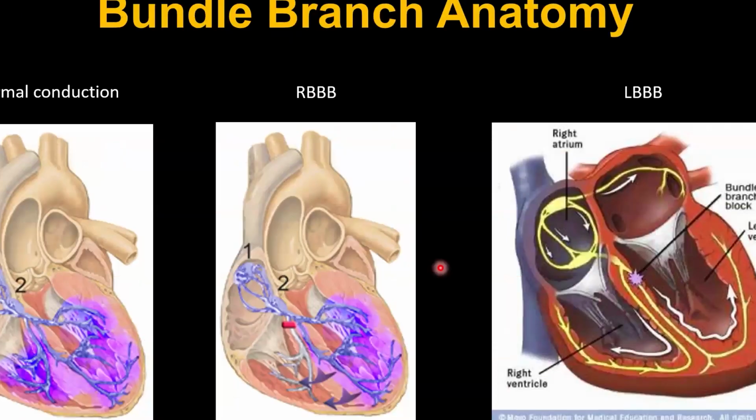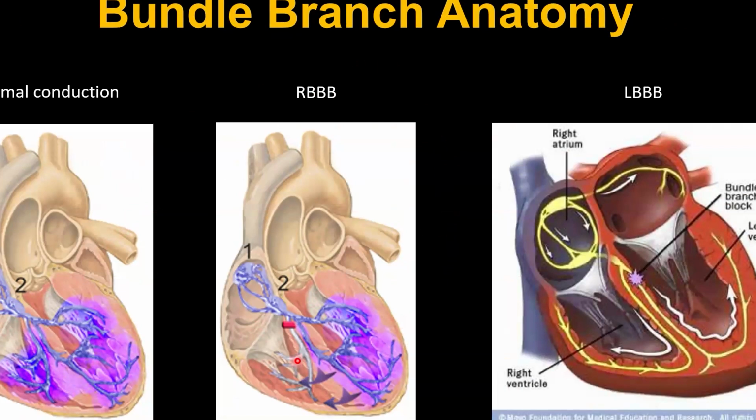Now, if we think about bundle branch anatomy, normal conduction goes from SA node to AV node to the common bundle and down both bundle branches to the Purkinje system. This is all simultaneous.